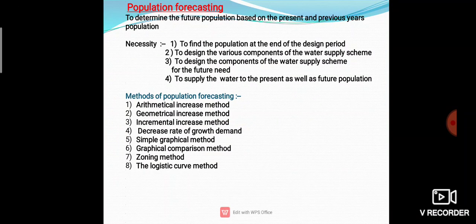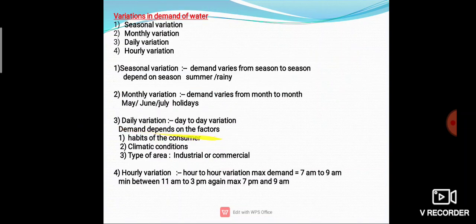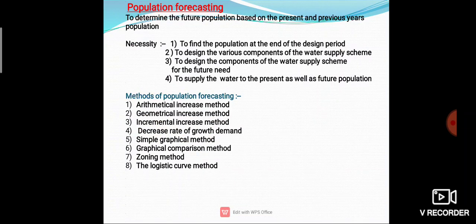Next is population forecasting. It's a very important topic, and all things depend on population forecasting. There are 8 methods, but the first 3 to 4 methods are very important, and mostly these methods are used.